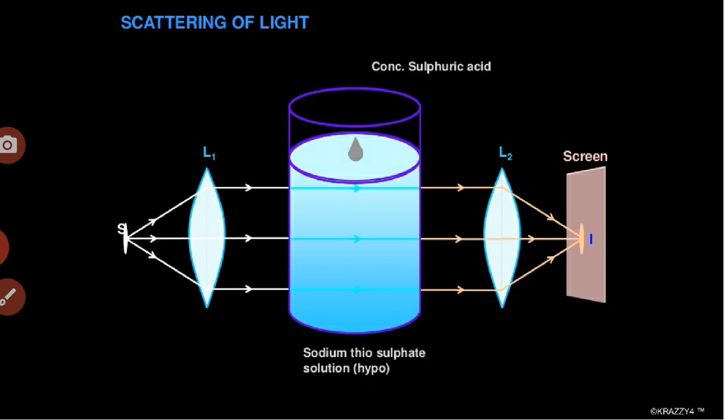We will find microscopic sulfur particles precipitate in about 2 to 3 minutes. As the sulfur particles begin to form, we can observe blue light from the 3 sides of the glass tank. This is due to scattering of short wavelengths by minute colloidal sulfur particles.